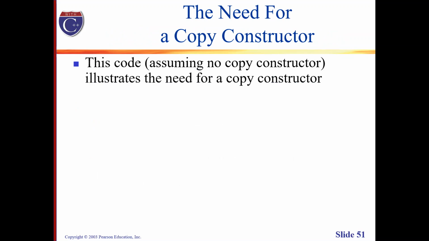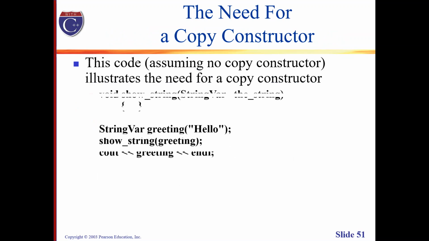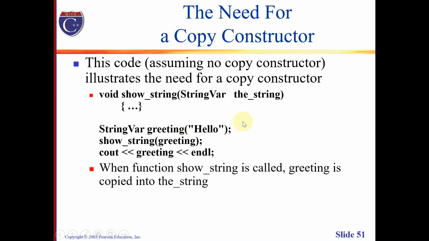So when do we need a copy constructor? Here's a sample code which shows why we need a copy constructor. When the function showString is called, this argument, greeting, is copied into this formal parameter, the string.